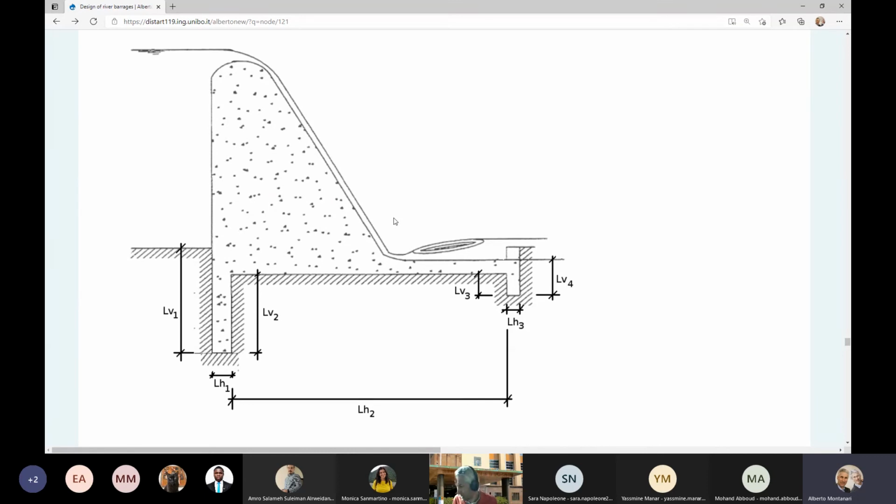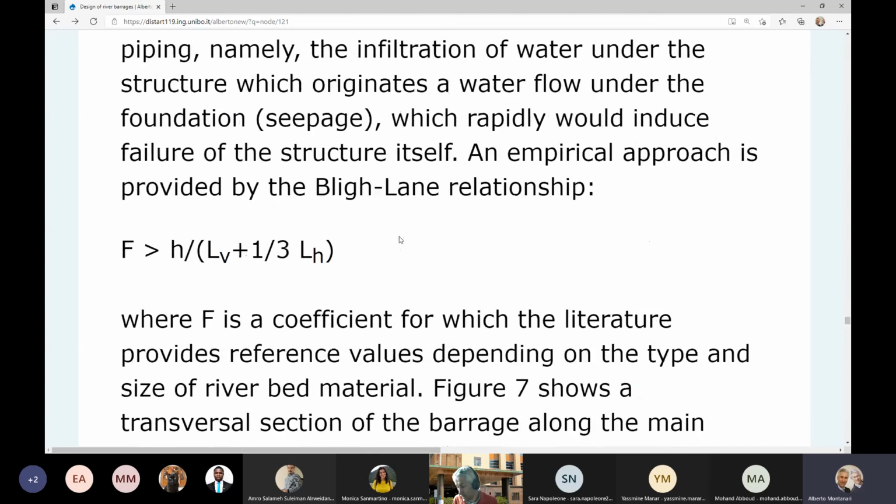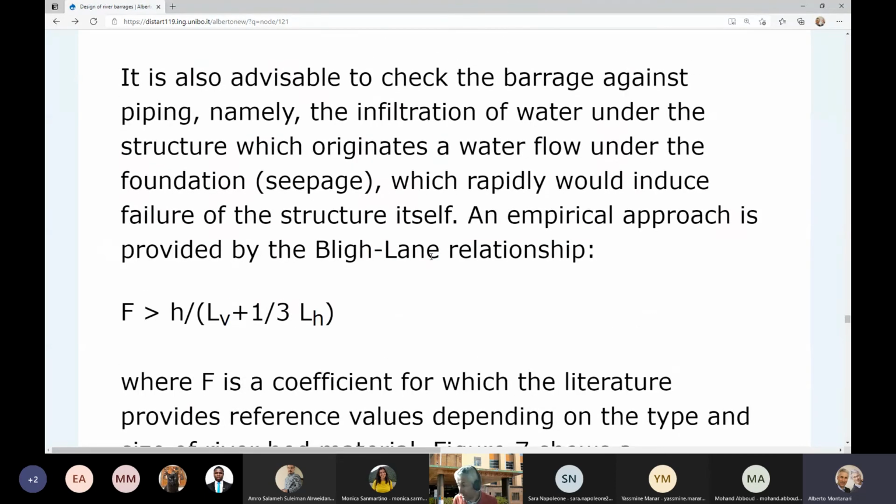Now, at this stage, I can apply this empirical rule of thumb, a formula that is called the Bligh formula. The Bligh formula says that we have to identify a coefficient F, which is given by H. What is H? Let me go back to the sketch. Okay, I go down.